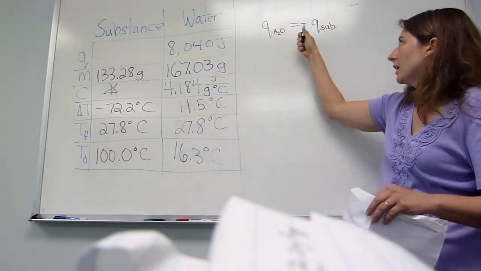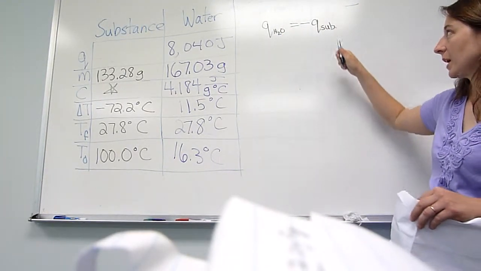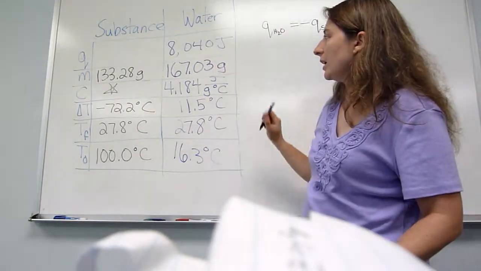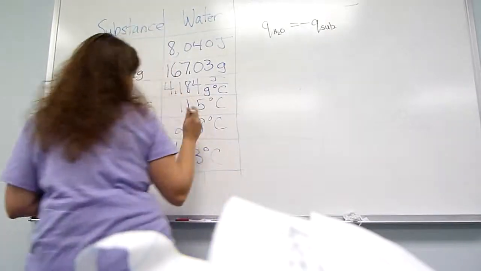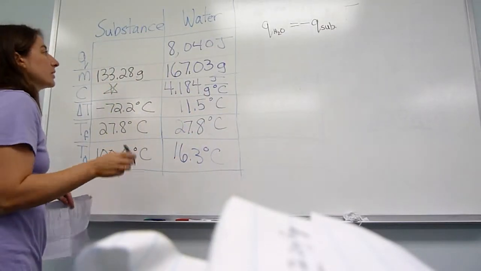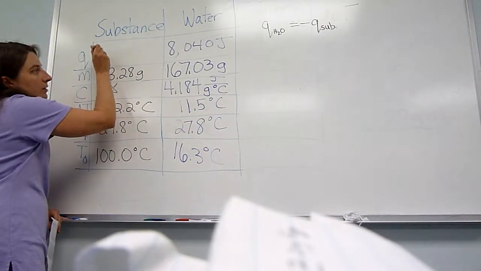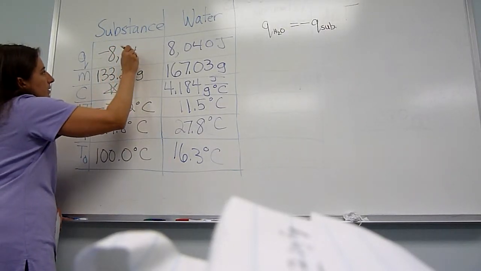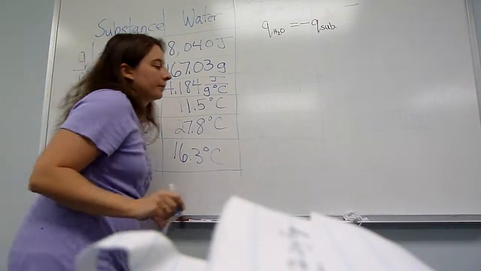Everything that the water gained is energy that the substance lost. So if the water gained 8,040 joules, and we're ignoring the calorimeter itself in this problem, then the substance must have lost 8,040 joules.